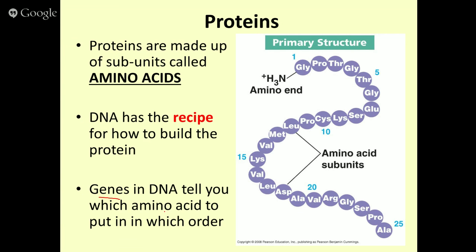So if you want to build a protein, which is what our next videos are going to be about, protein synthesis, you've got to have the recipe. If you want to bake a cake, you've got to have the recipe. You've got to know how much of each ingredient to put in there. It's the same with proteins. You have to know which ones. You need to know which order they go in, because remember, that's really important for the folding aspect, so that it folds correctly and it ends up being the right shape.